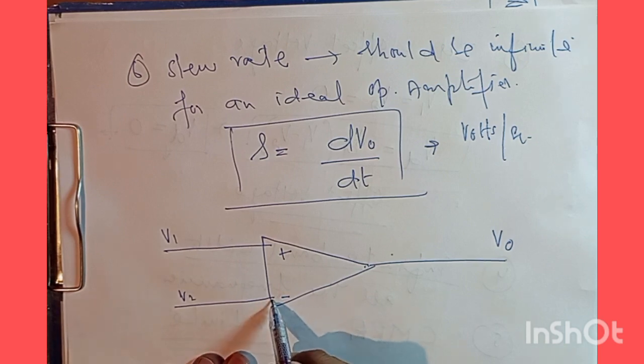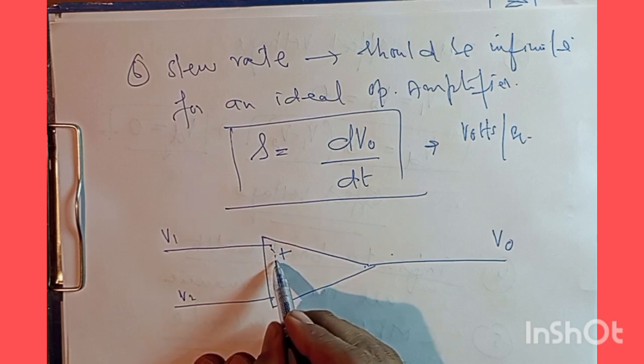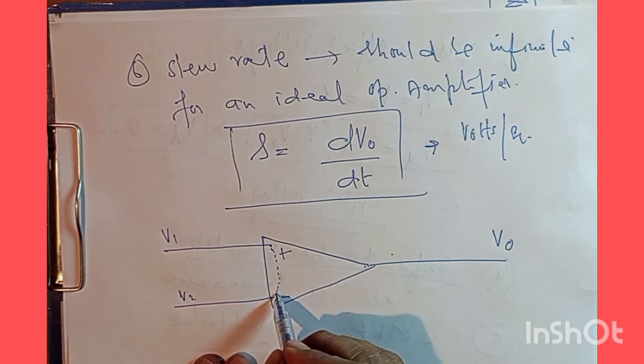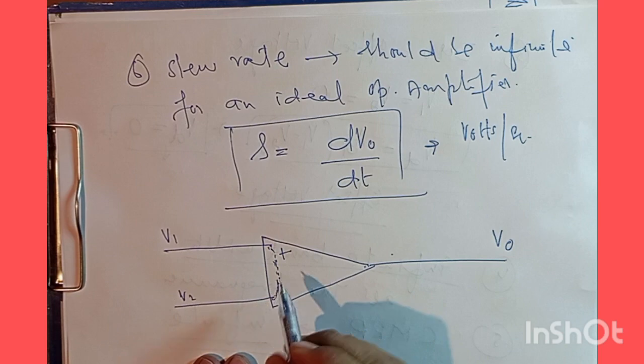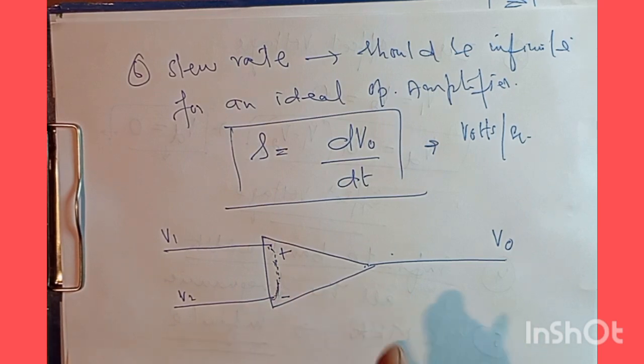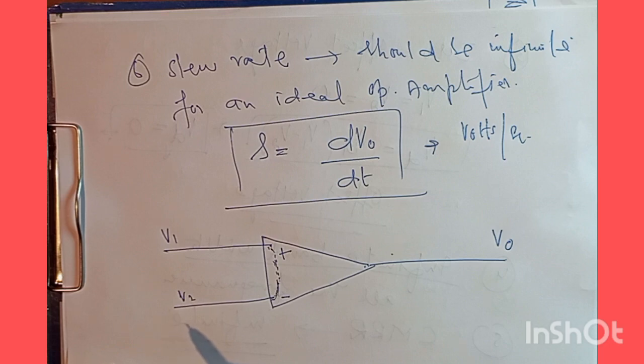Now, since the input impedance of this operational amplifier is infinite, we better understand that the current passing through this input impedance must be equal to zero.